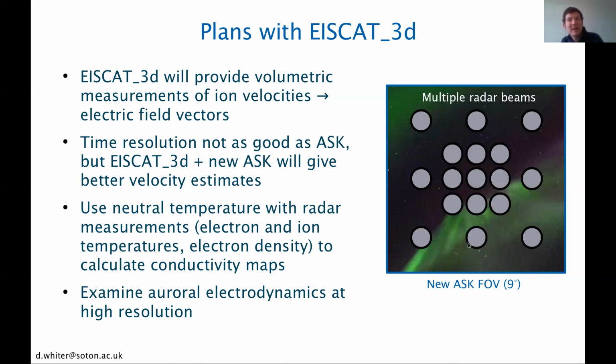So start looking at where the current is flowing and what's going on with the auroral electrodynamics at this very high resolution. And part of that work is to work towards estimating how much Joule heating is being missed by the averaging from the larger scale measurements, and look at how much Joule heating there is around these fine scale auroral dynamics.